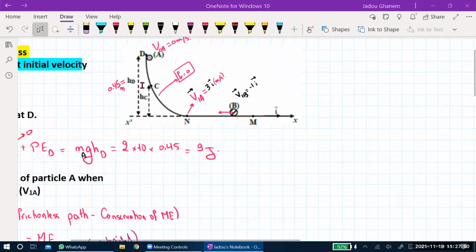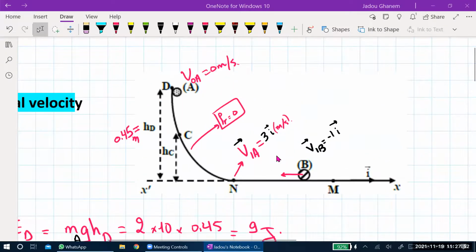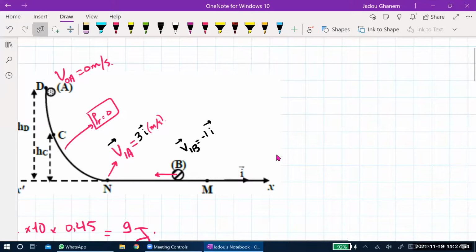Look here, please. We can assume that particle A is going in this direction with the speed of 3i. And particle B is moving to the left direction with a speed of 1i or minus 1i direction.